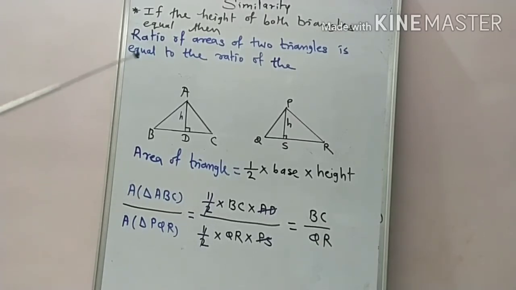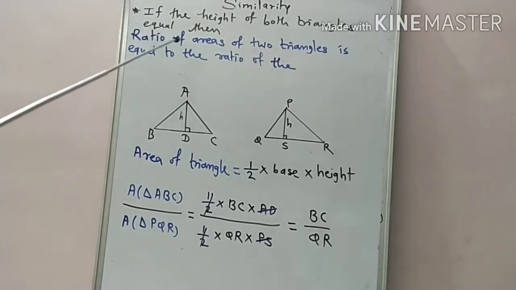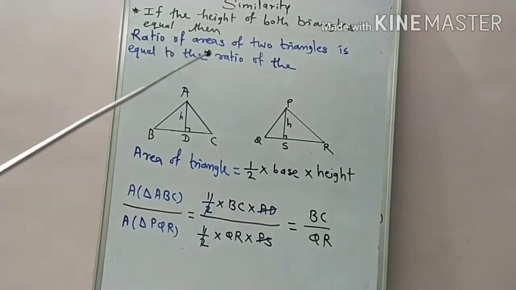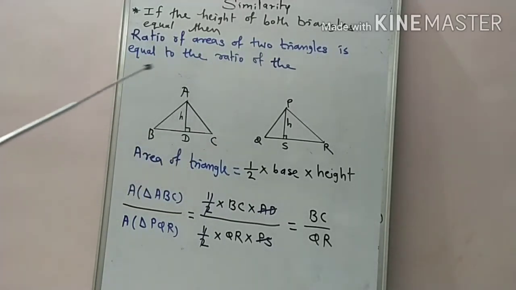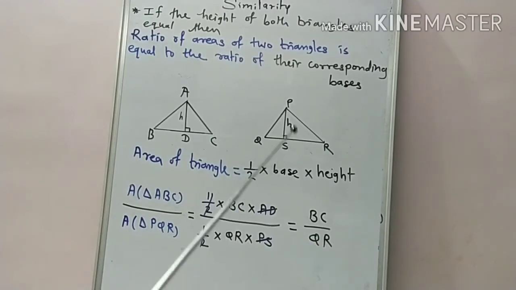So now the new property says, if the height of both triangles is equal, then the ratio of areas of two triangles is equal to the ratio of what? BC and QR, meaning their corresponding bases. So we write down the property like that: equal to the ratio of their corresponding bases.